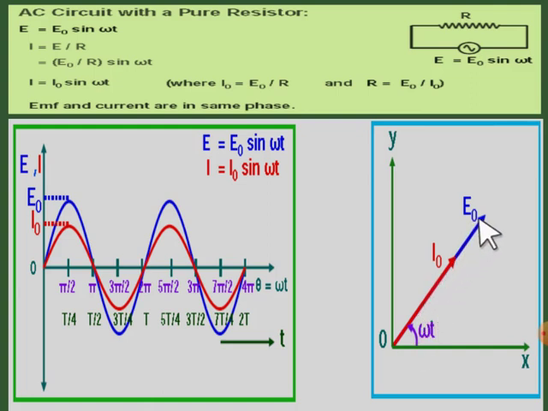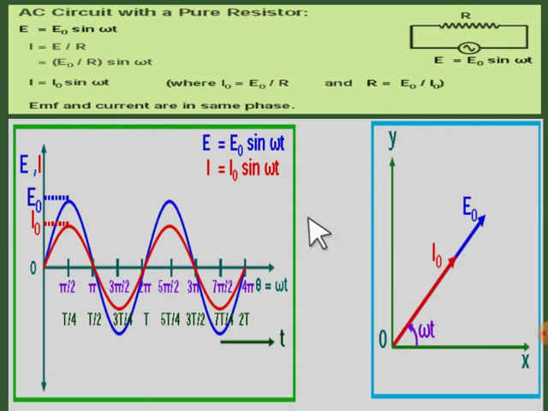By observing the phasor diagram, we can easily find out which one, the AC current or the EMF, is advanced or lagging than the other.